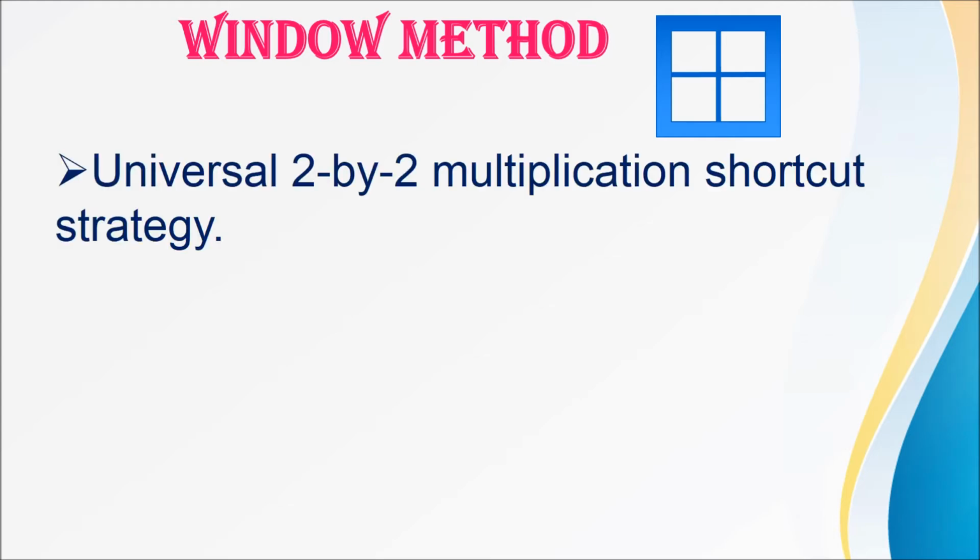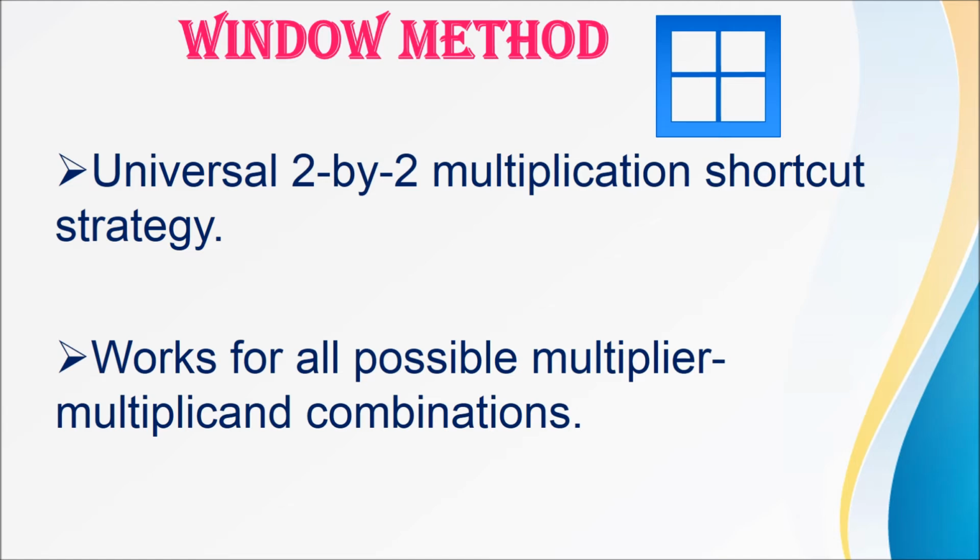Alright, so now let's start with the first method, that is the window method. You can say that this method is a universal 2 by 2 multiplication shortcut strategy, as it works for all possible multiplier-multiplicand combinations, and it's an excellent method to use when you don't have a calculator at hand.